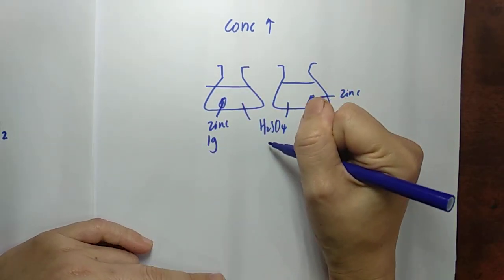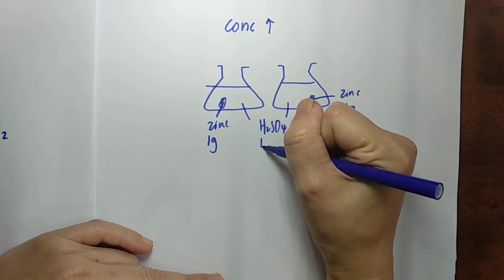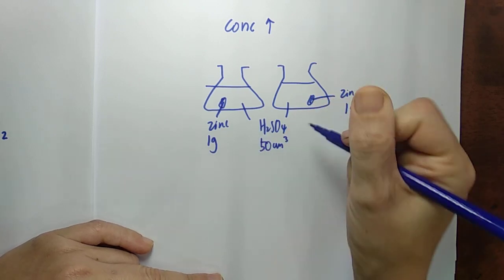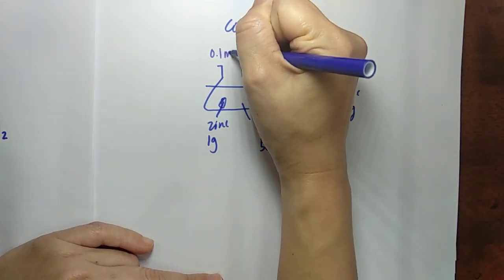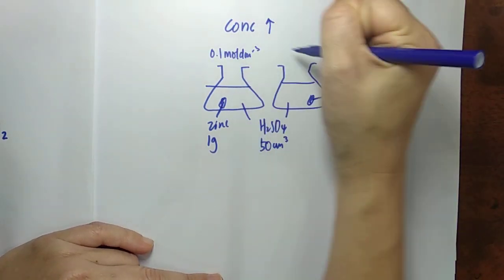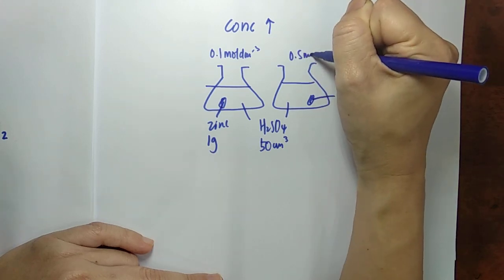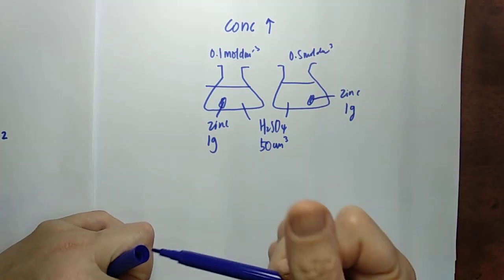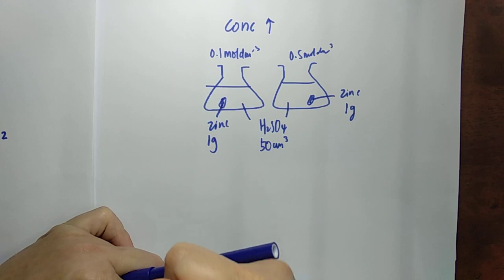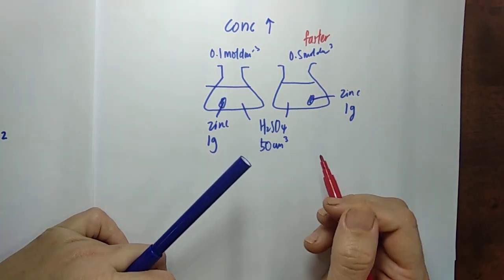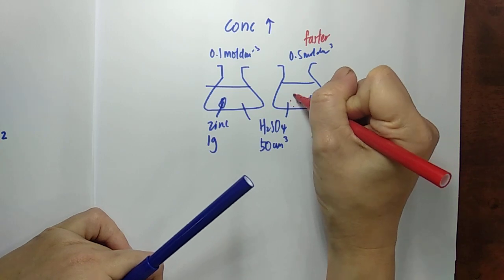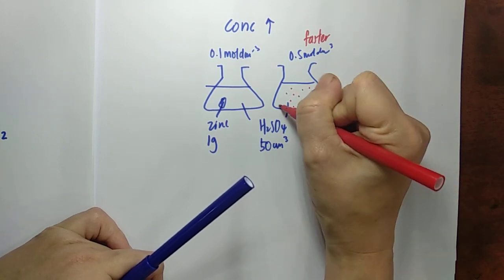Now, sulfuric acid, same volume, let's say 50 cm³, but different concentrations. This could be 0.1 mol/dm³, and this could be 0.5 mol/dm³. So obviously, the one with the higher concentration will be much, much faster. The rate of reaction would be higher because there are more particles in the same volume.